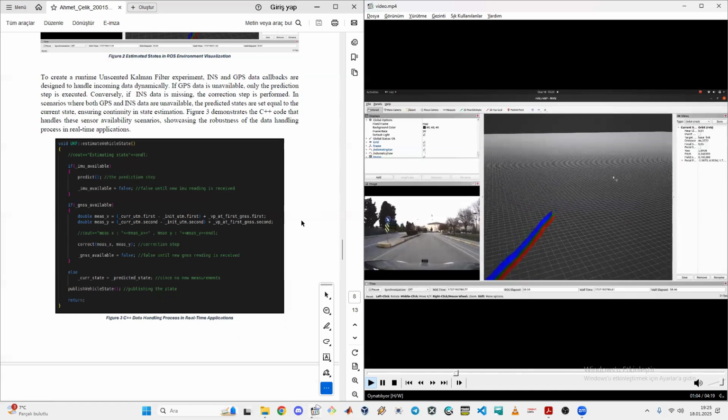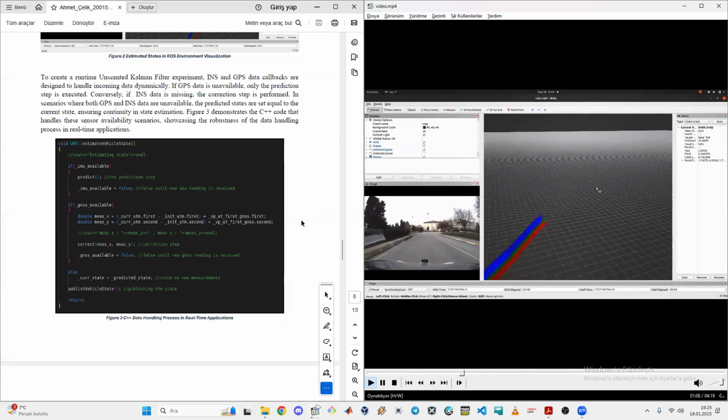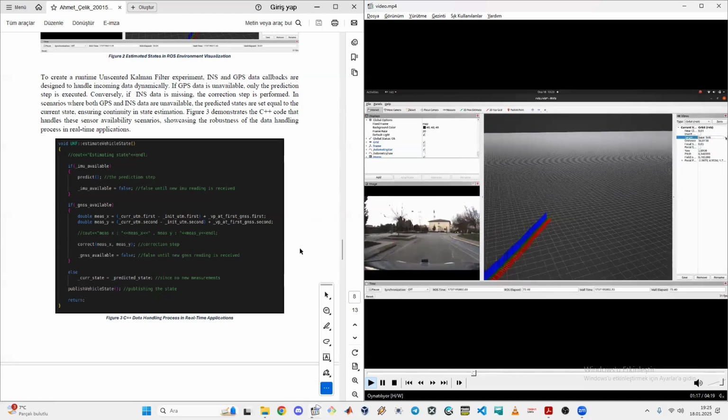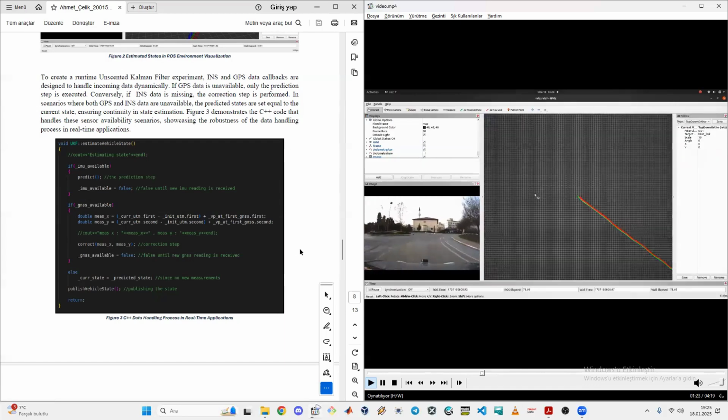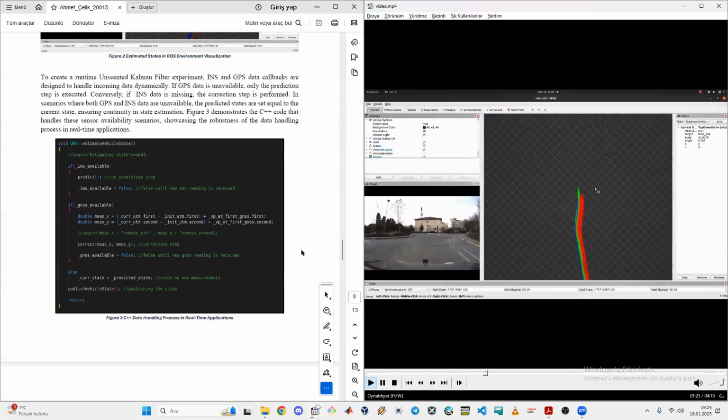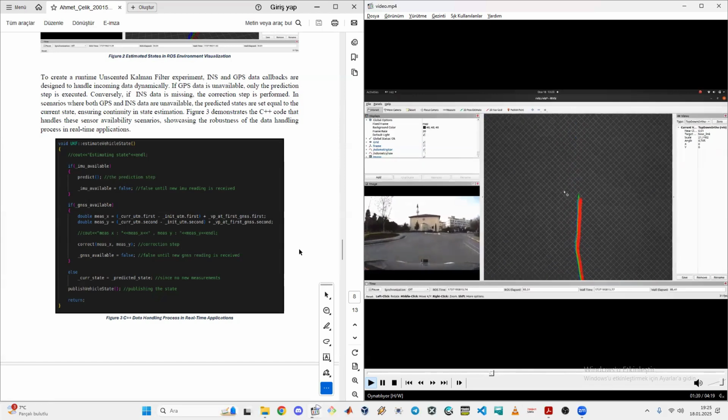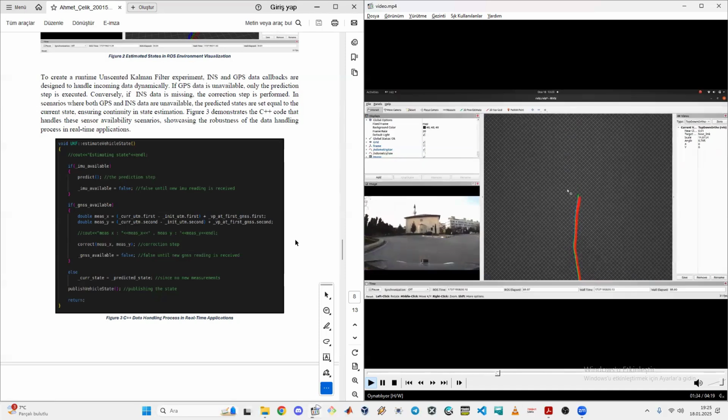In cases where neither GPS nor INS data is accessible, the predicted states are directly assigned as the current state, ensuring seamless state estimation. Figure 3 illustrates the C++ implementation that manages the sensor availability conditions, highlighting the robustness and reliability of the data processing system in real-time application.